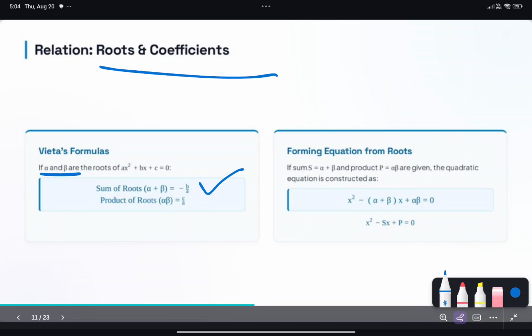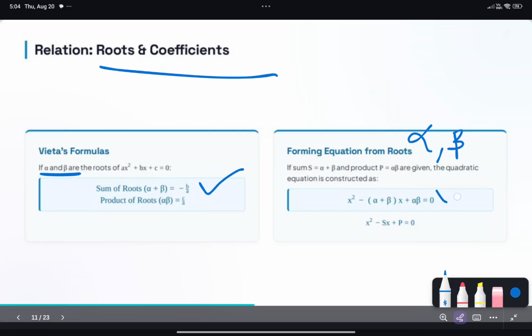Forming an equation from the roots. For example, in a question they give the roots. How do we form the quadratic equation? There is a formula. Suppose alpha is one root and beta is the other root of a certain quadratic equation.